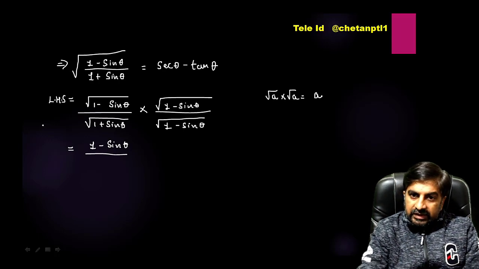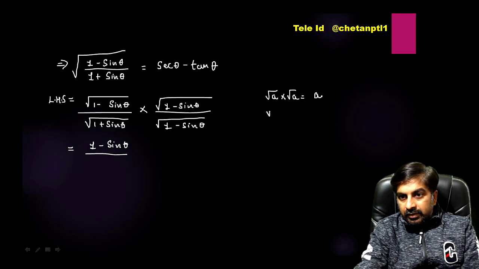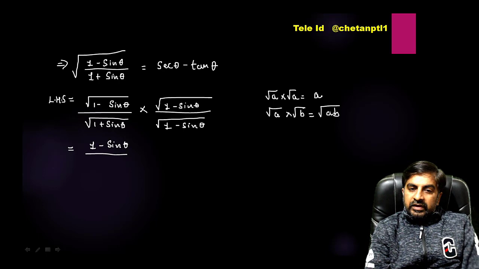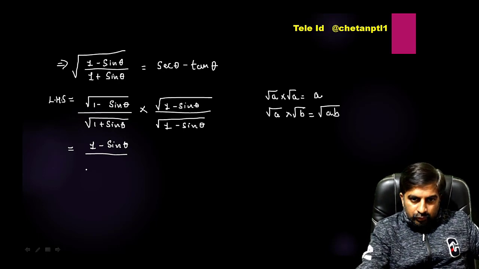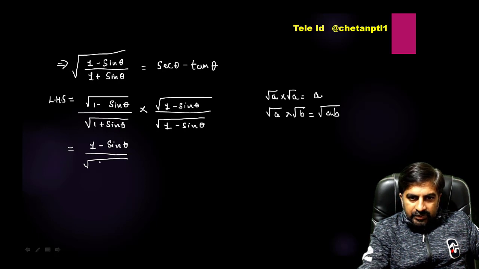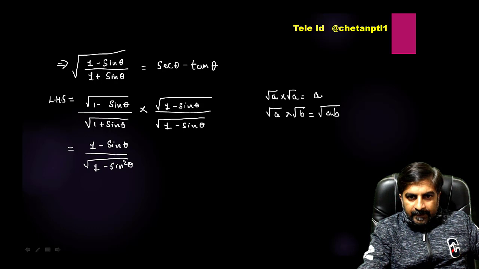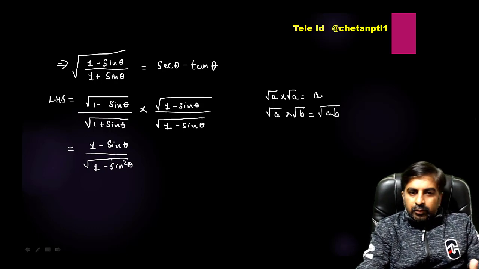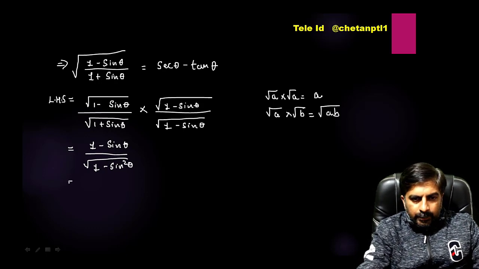One is 1 plus sine theta, one is 1 minus sine theta. So root a into root b will give you root ab. So here also we are going to multiply this. So under root 1 minus sine into 1 plus sine, a minus b, a plus b, 1 minus sine square theta. Here we cannot directly remove the root, but yes, in the next step we are going to remove it.